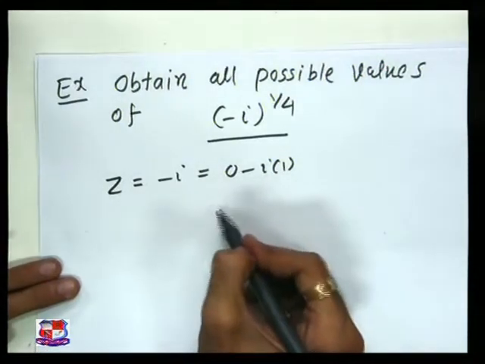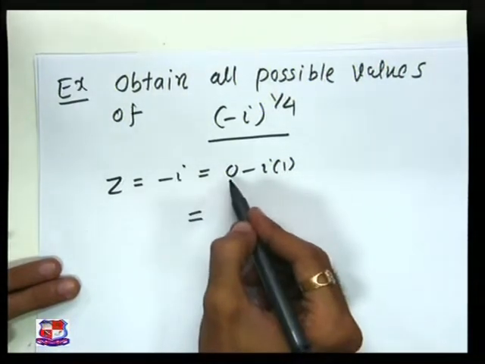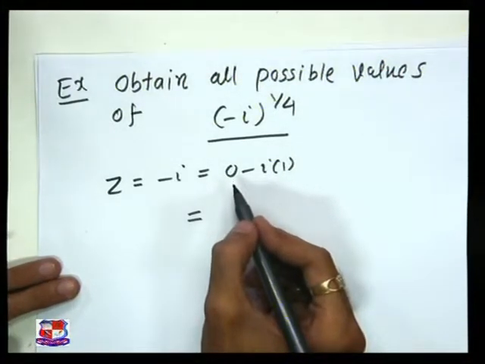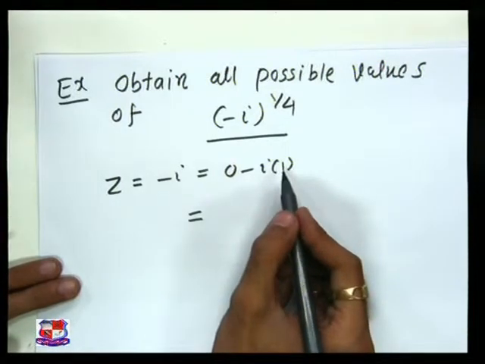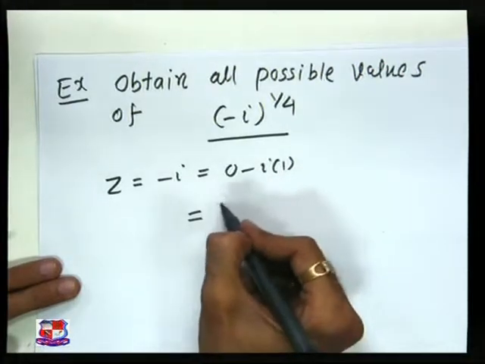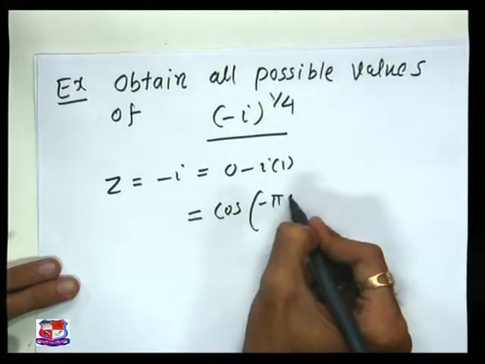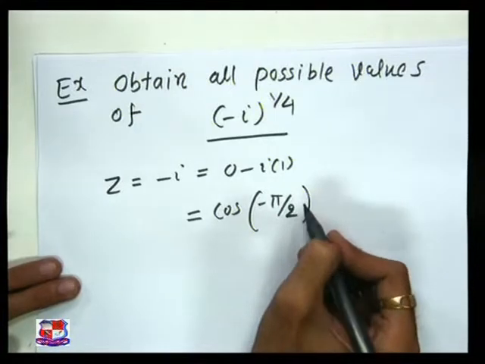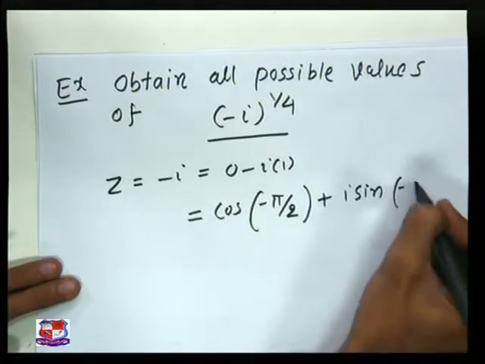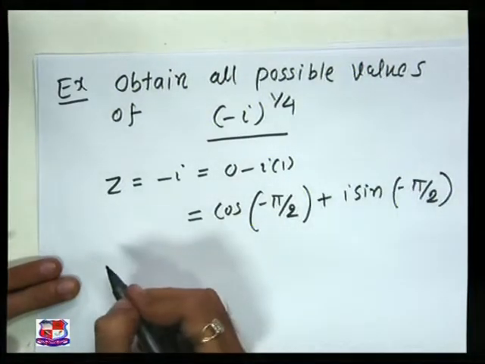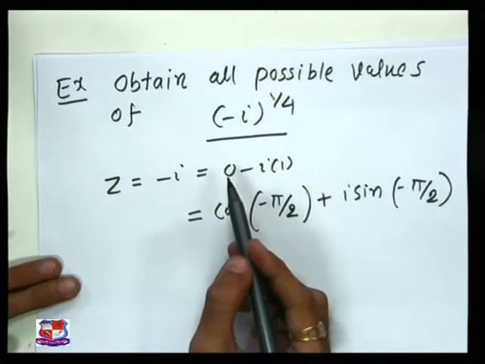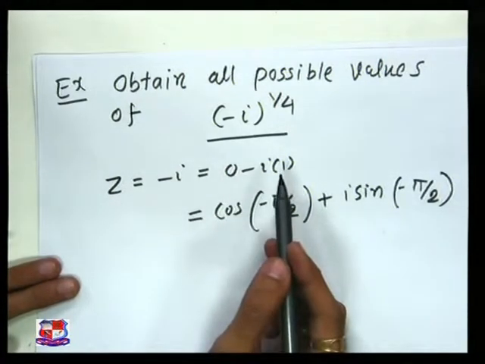But if we want to convert it easily, cos pi by 2 is equal to 0, but here y is negative, so I will get cos of minus pi by 2 plus I sin of minus pi by 2. Cos is 0 and sine is minus 1.